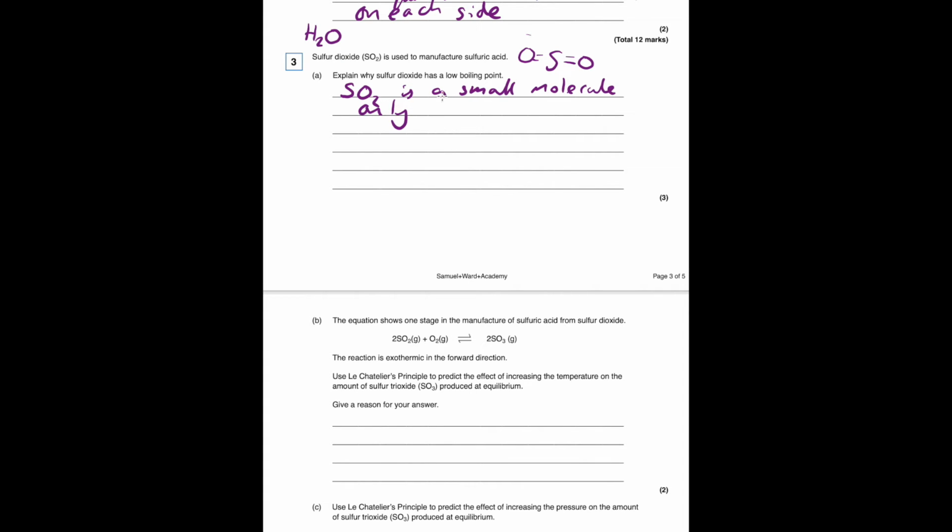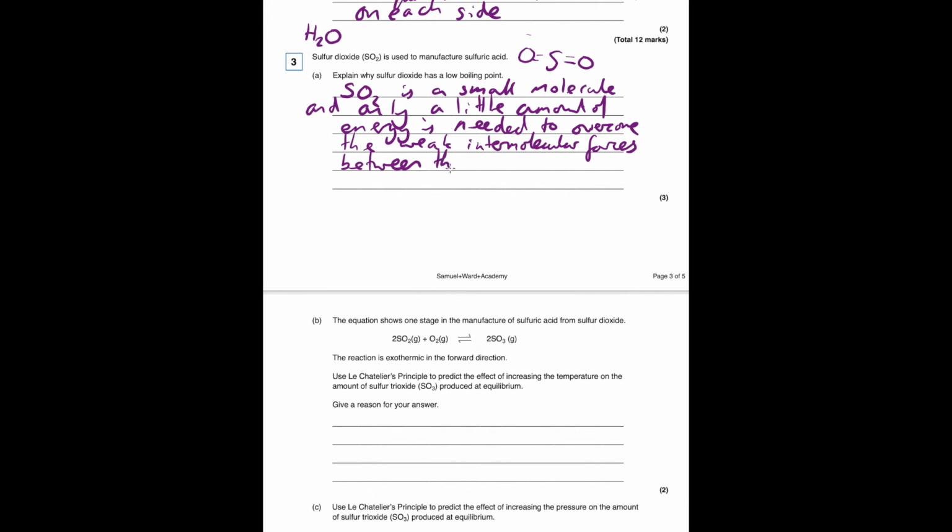So SO2 is a small molecule, and only a little amount of energy is needed to overcome the weak intermolecular forces between the molecules in order to separate them.